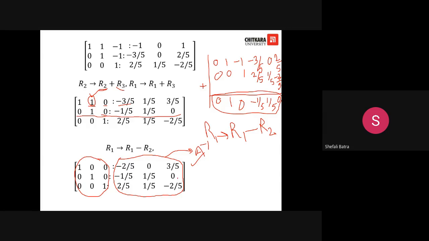So this is your A inverse. Now you can check your answer. The given matrix into the inverse of the matrix, the answer would be the identity matrix. If you are getting identity, it means your answer is correct. Otherwise, there must be some mistake, so recheck all your operations and entries.